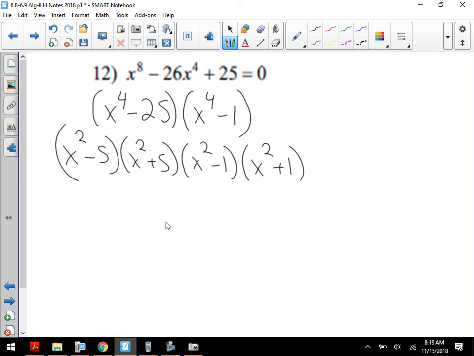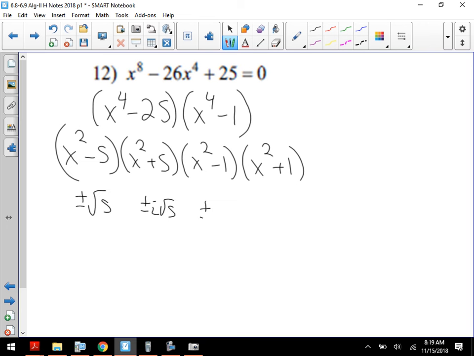So far, so good. We're still on the hook for having 8 total zeros. Since this is find all zeros, do I have to factor this any further, or can I just start listing zeros? I can start listing zeros at this point. That's absolutely fine. My first one would be plus or minus the square root of 5. My next one would be plus or minus i root 5.